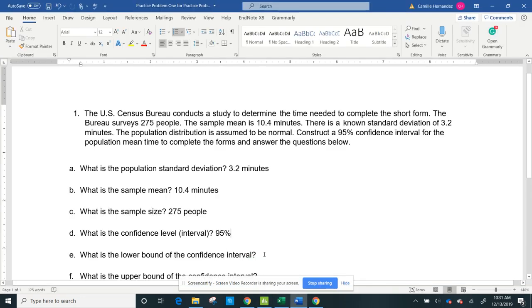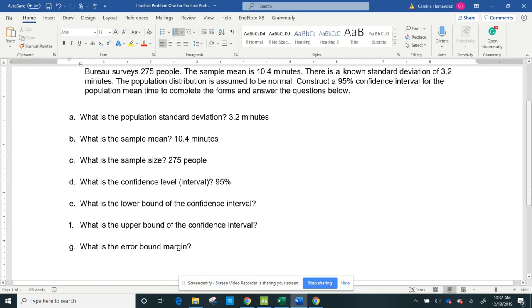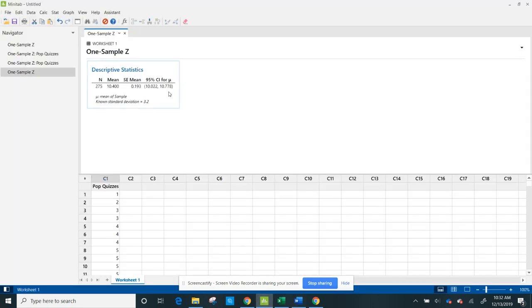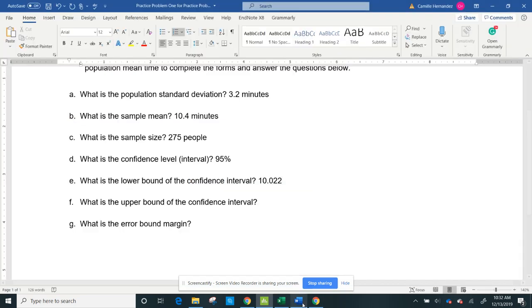So I'm going to put this here: my lower bound is 10.022. And then I need my upper bound. If I go back here, my upper bound was 10.778. All right, and I need to find my error bound margin.